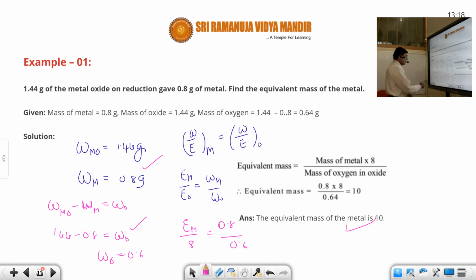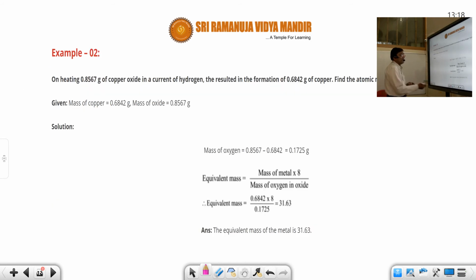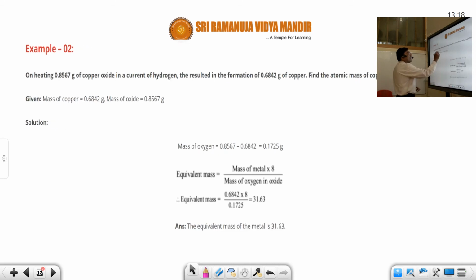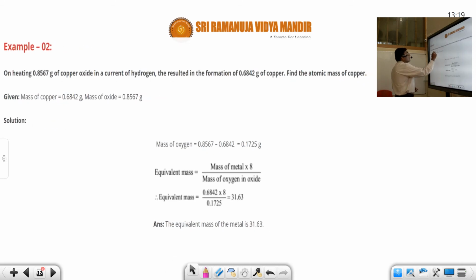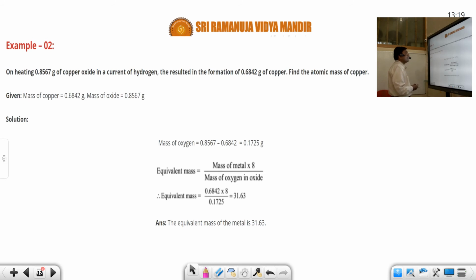So next question. Now let us solve another question. Very interesting question. Now on heating 0.8567 grams of copper oxide, so weight of copper oxide is equal to 0.8567 grams, in a current of hydrogen that resulted in the formation of 0.6842 grams of copper.